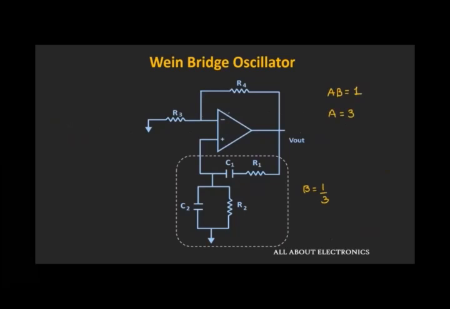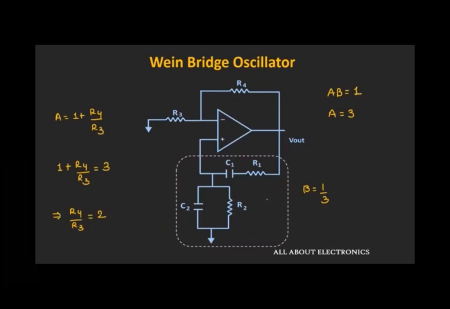Now as we know, this op-amp is configured in a non-inverting configuration, so the gain of the op-amp will be equal to 1 plus R4 divided by R3, and that is equal to 3. That means R4 divided by R3 will be equal to 2.